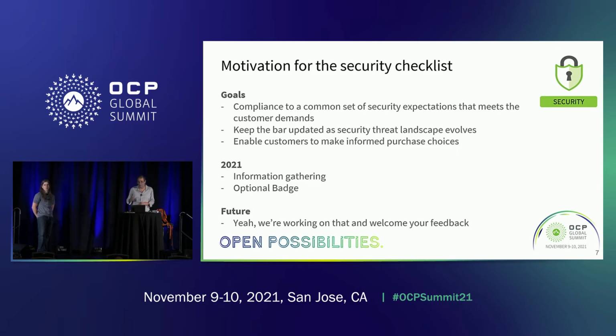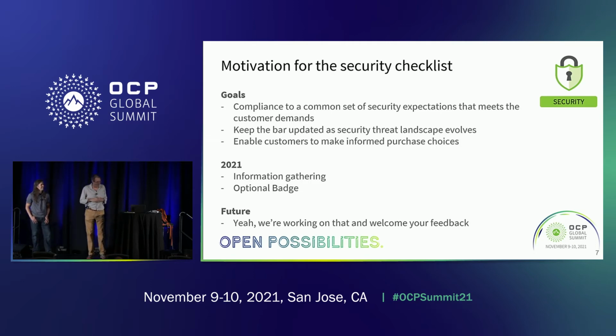In 2021, we are focusing on gathering information. So the first step is basically disclosure. We're asking vendors to disclose answers to a set of questions around security about the systems that you're applying for, and basically share that information. There is a badge that you can go after, a security badge. That has been a bit controversial, so we'll be open about this.